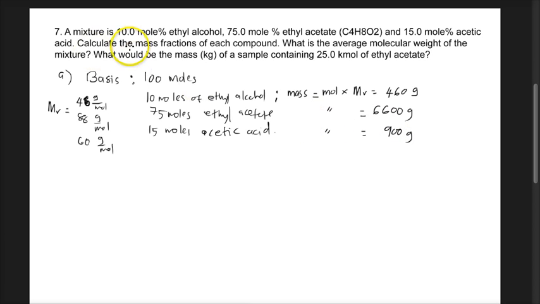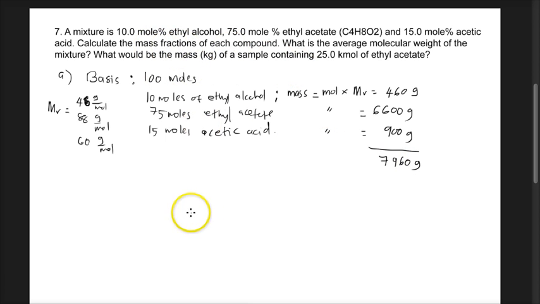So now we calculate the mass fraction. Mass fraction is the mass of each compound divided by the total mass of the whole mixture. So the total mass of the whole mixture in 100 moles, which is our basis, is 7,960 grams.